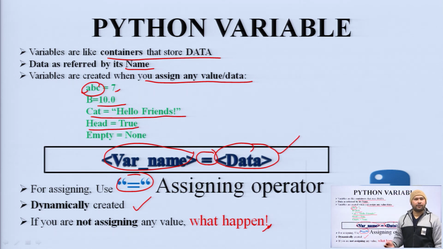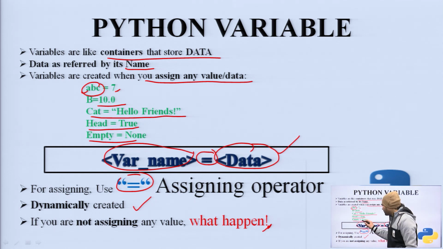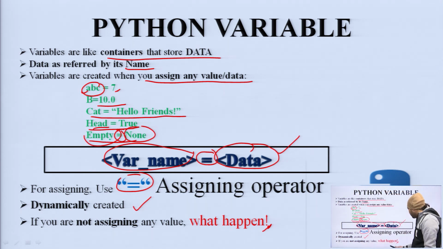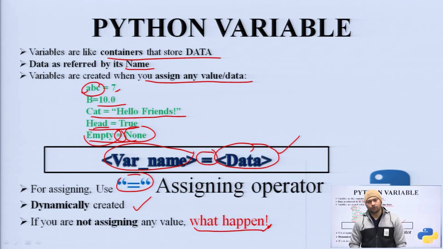This is also considered a variable. And the last example, empty is equal to None. This is also a variable, because it follows the same syntax: the variable name followed by the assignment operator followed by the value. Now, we will move back toward this question: what will happen if you do not assign a value to a variable?